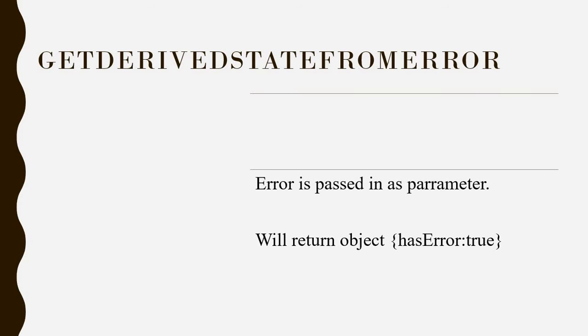For example, if you are calling a web service and it is successful, it would be executed in the then block, and if it fails, there would be a catch block, and inside that an error message or error object would be passed. This error object should be sent as an input to the getDerivedStateFromError method, which in turn will return an object having the key hasError as true, and this would be true only when there is an error.